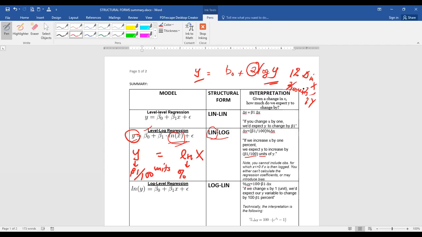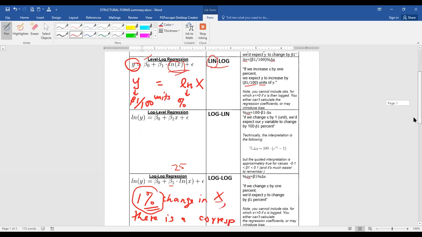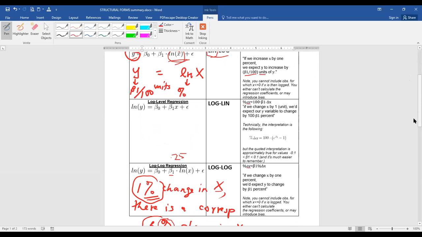Beta 1 over 100. Tapos units na, hindi percent. Units ang pagbasa kay Y kasi level yan eh. No? Okay, the fourth one na pala kasi tapos na itong lin-lin. Yung lin-lin, yun ang lagi nating ina-analyze.